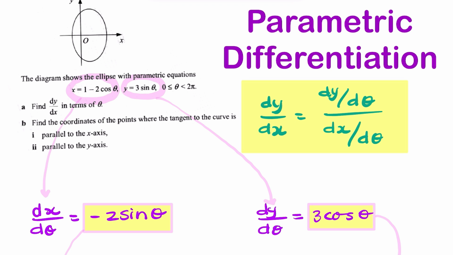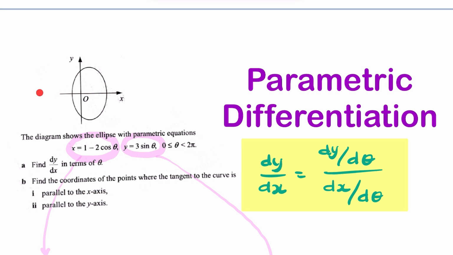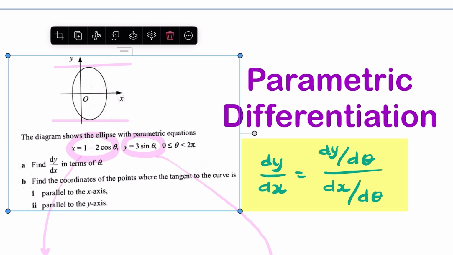If the tangent is parallel to the x-axis, it means it's going to be either here or there. These are the two tangents that appear to be horizontal.